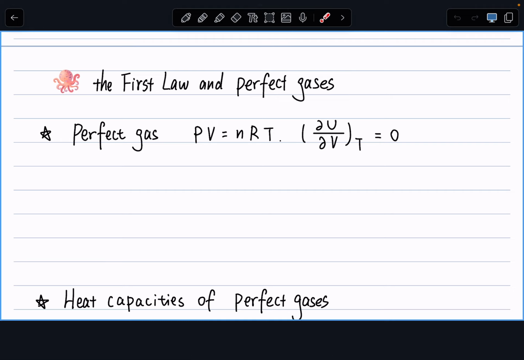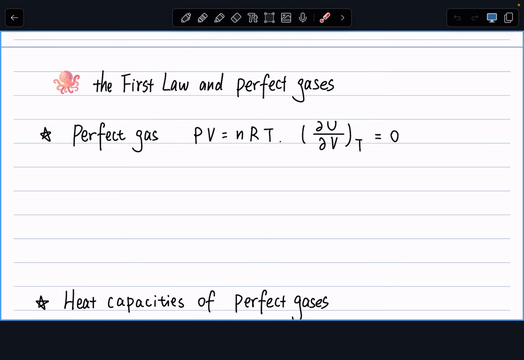It's the same idea. When we're talking about a substance, we need the equation of state to define the thermodynamic state of that substance. In addition to the equation of state, we need additional information, like in this case, heat capacities, or how it changes with respect to volume.